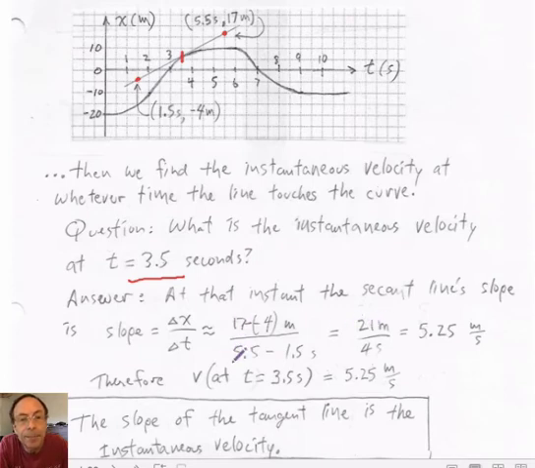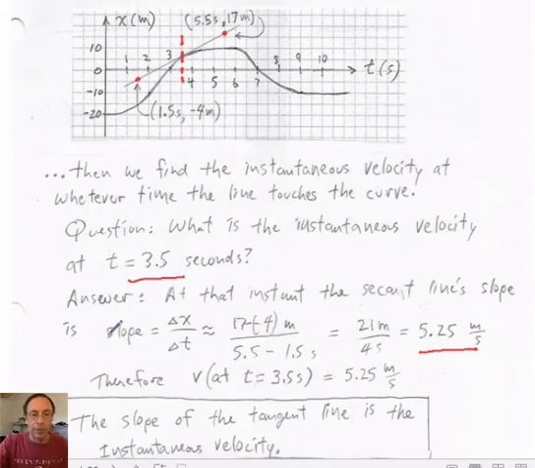And for the times, final is 5.5, initial is 1.5 seconds. I subtract, I get 4 seconds, and I do the math, and I get that the instantaneous velocity right at this time here at 3.5 seconds is 5.25 meters per second.